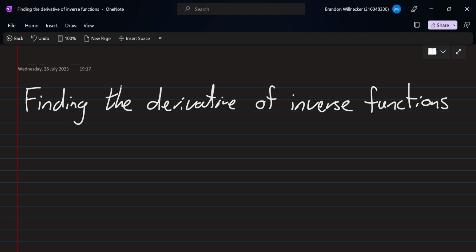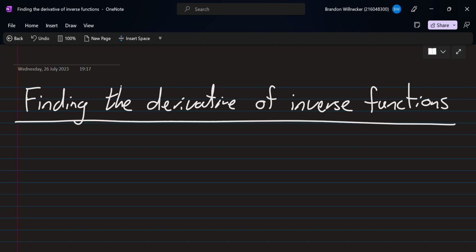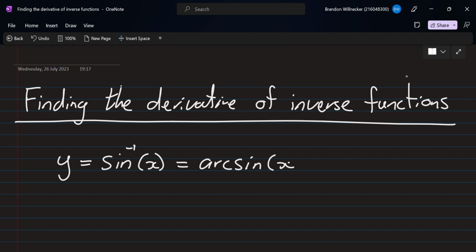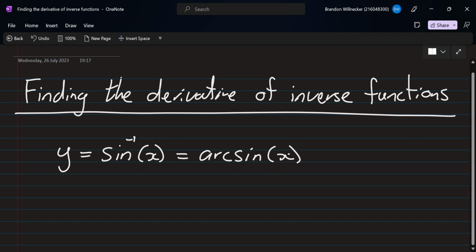We will go through the method by looking at an example. So let's say we have y is equal to sine inverse of x. Sometimes this is written as arcsine. That's just some notation. It means the same thing.